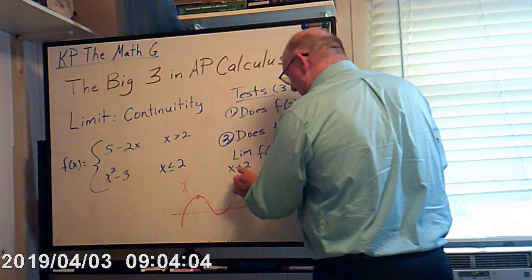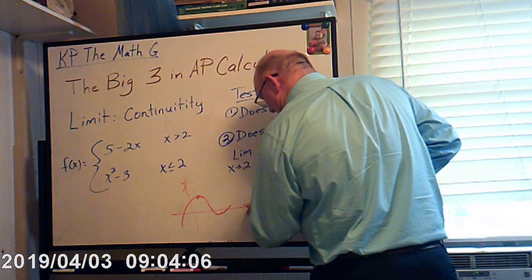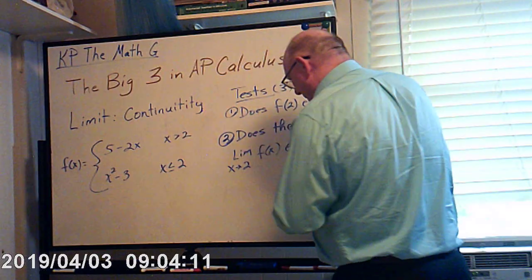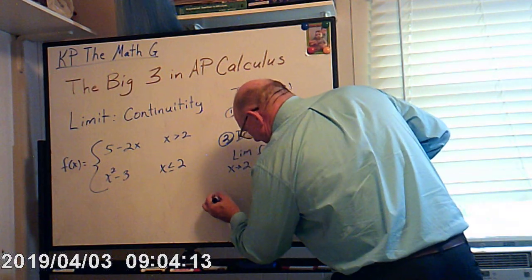And it may not be that even the limit exists. Okay, so if something fails anywhere, then we stop; if it doesn't fail, we go to number 3.